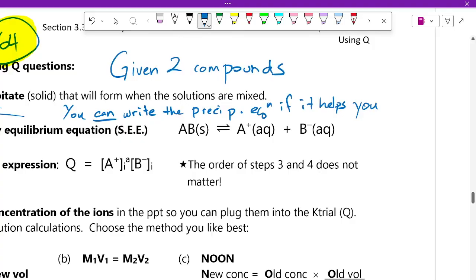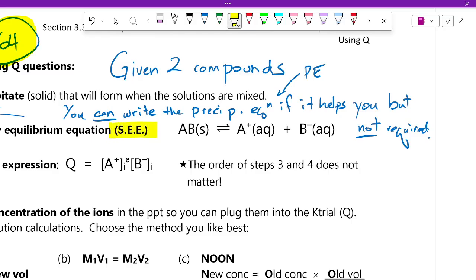So you can write the PE if it helps you, but it's not required. Okay, and at that point, once you've got your precipitate, you would then write the solubility equilibrium equation.